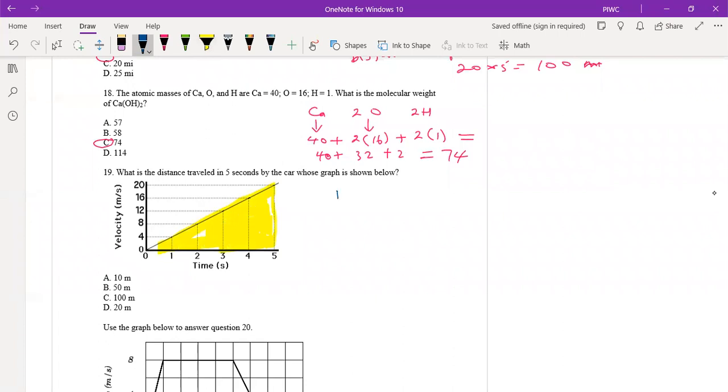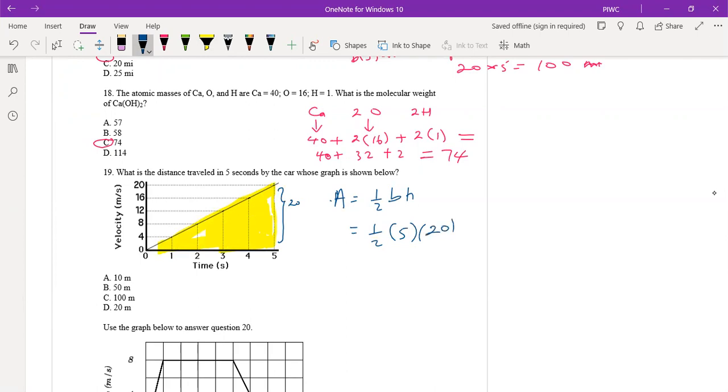So think of area of a triangle. So the area here is 1/2 base times height. That's why I was wrong. Thank you. It's a triangle. So we have 1/2. The base is going to be 5. And then the height is from here to there. So that is 20, right? 20 here.